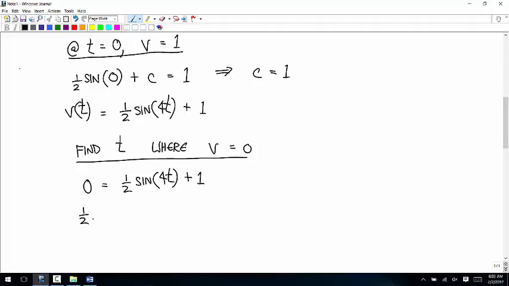Let's see, multiply everything by 2 and you get -2 is equal to sine of 4t. So when is the sine function equal to -2? Never happens. So that was a case of the person writing this problem being a stupid idiot. But anyways, that's the approach you would take in a problem like that.